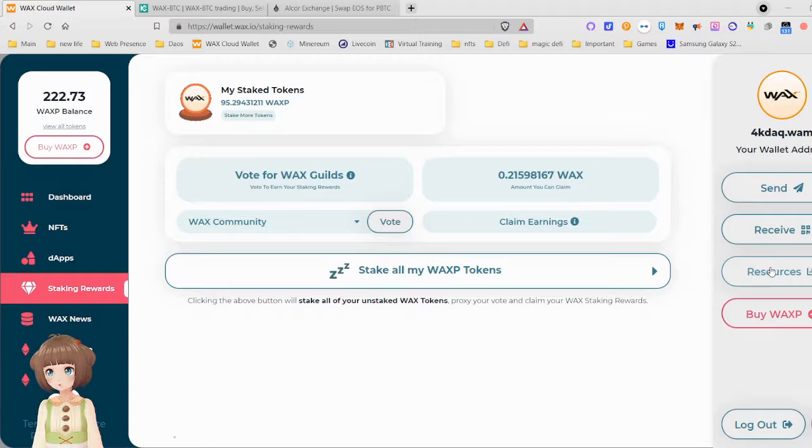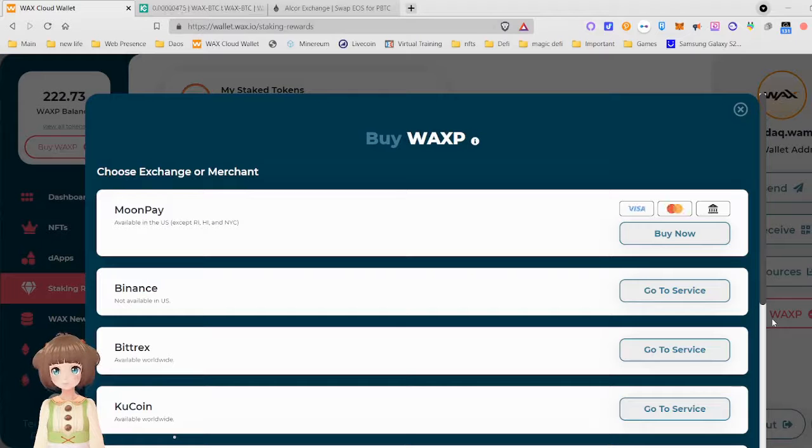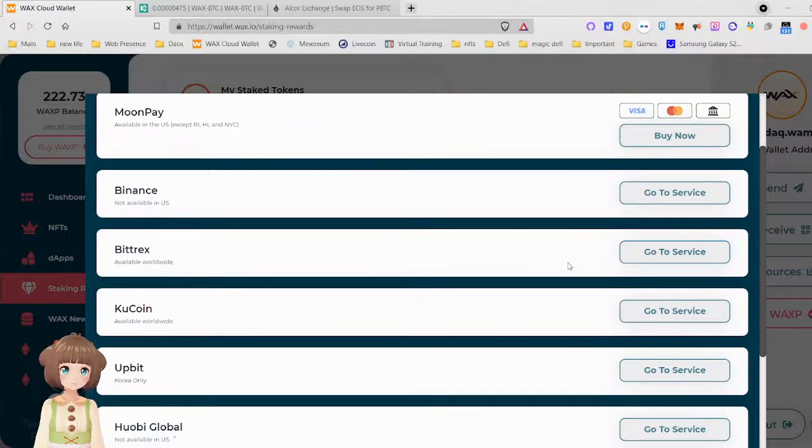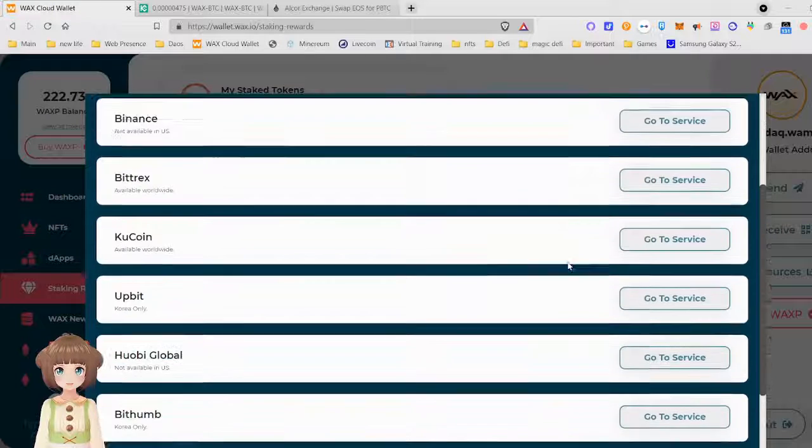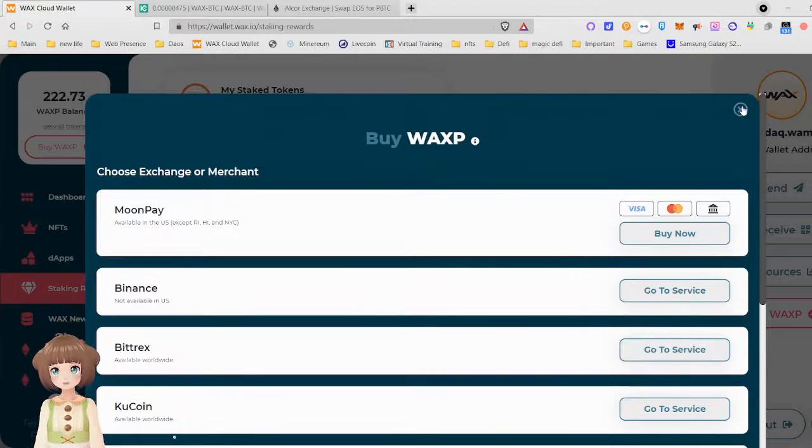And then like a normal wallet, you can also send and receive, and of course you can always use your WAX wallet to purchase using various different methods for purchasing WAX tokens, WAXP, by merchants.